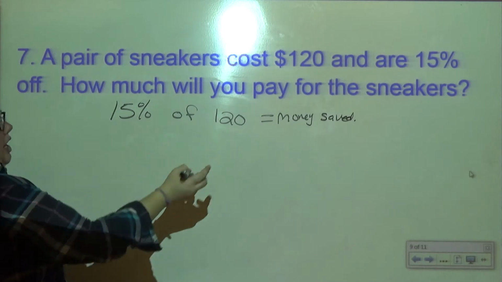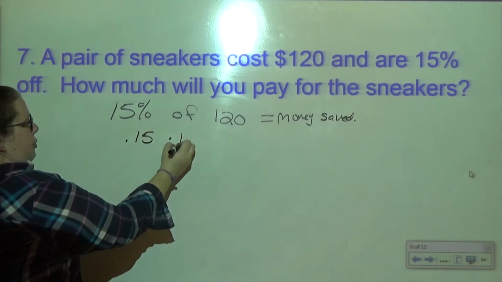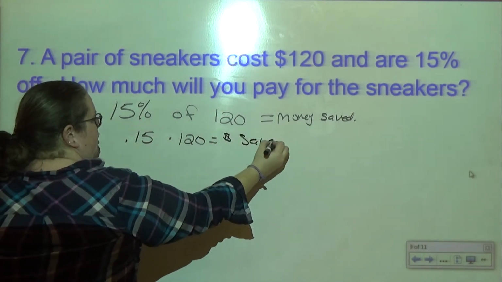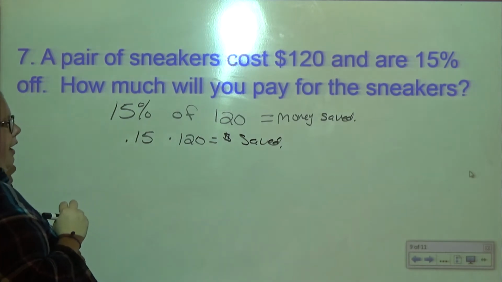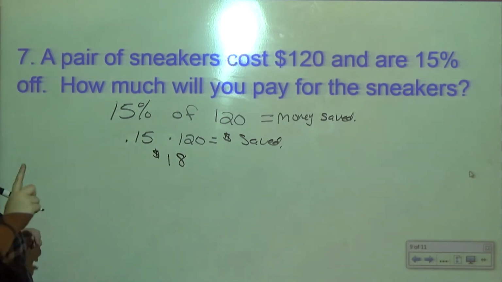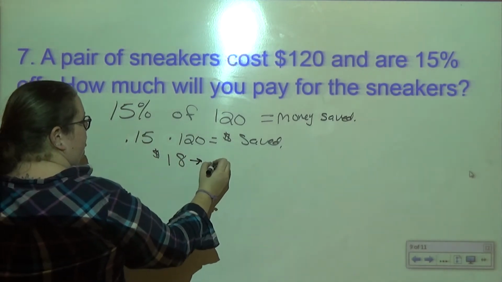So just like all the others, 0.15 times 120 equals the money saved. What do we get? We get $18. So if that's the money saved, how much do we spend?